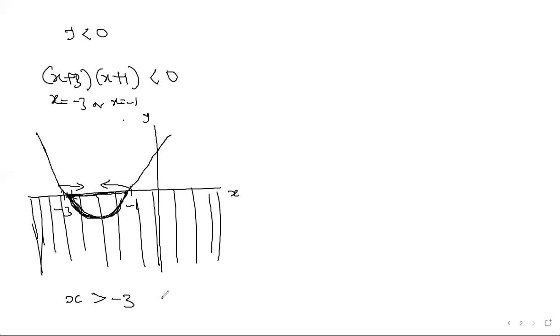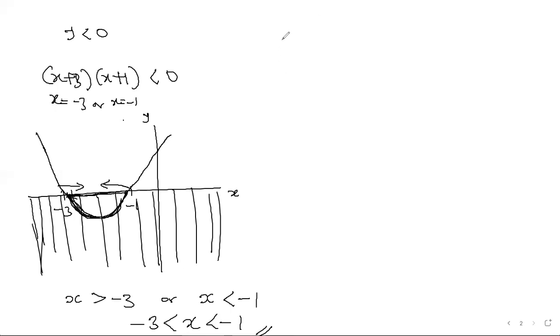Or x less than minus 1, because if you go towards the left, you meet numbers that are less than minus 1. So that is the solution: x greater than minus 3 or x less than minus 1. Or I can say minus 3 less than x less than minus 1. So this is another way I can write it. So that's the solution of that.